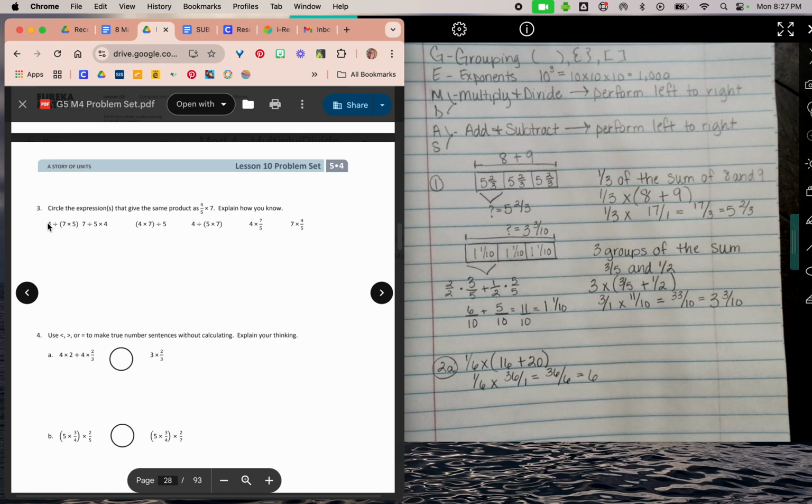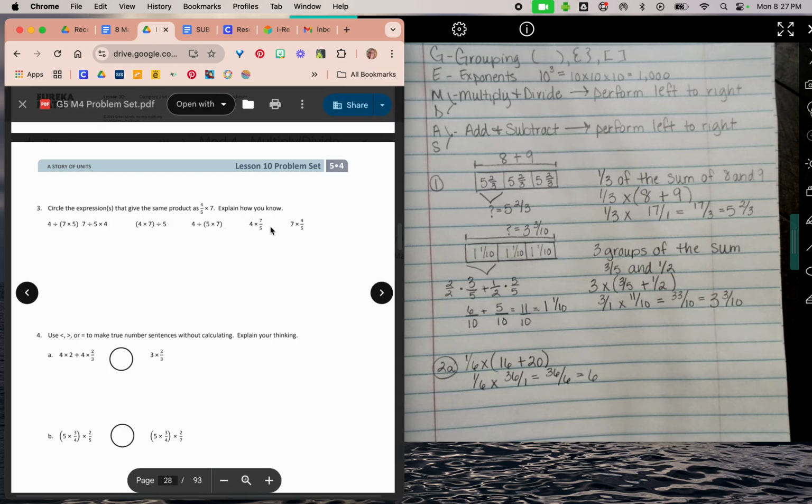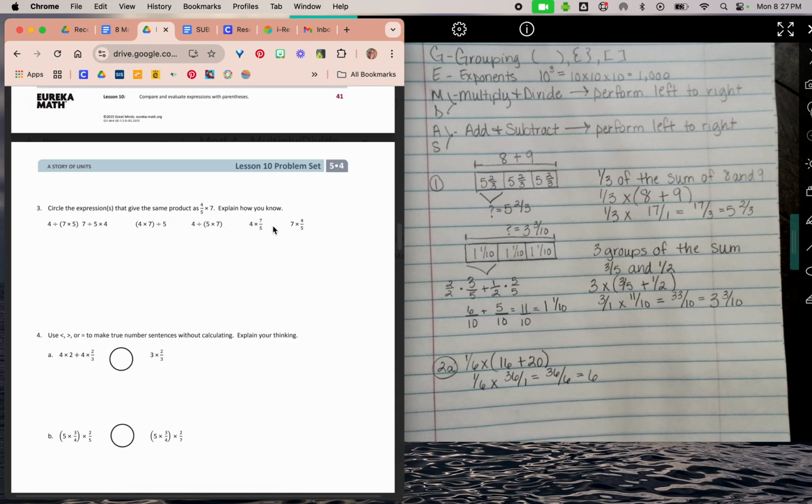This one is by itself, 7 divided by 5 times 4 is another one by itself, and then all the others are spread out nicely. So there's actually 6 expressions for you to choose from. You're going to have to look and see how you can make sense of those to help you decide whether or not they are going to equal the same as 4/5 of 7.